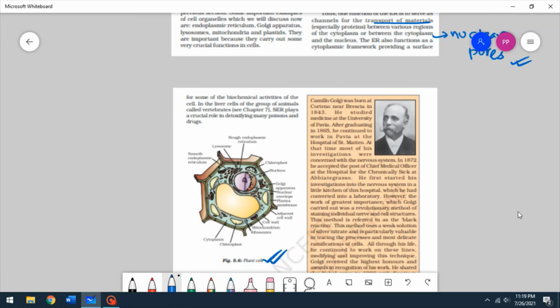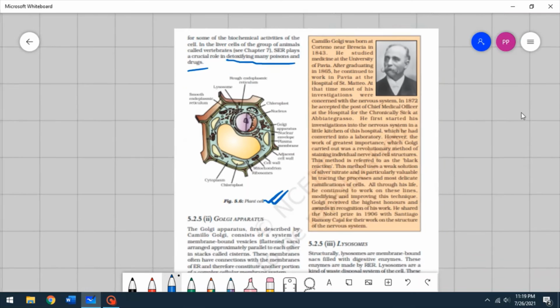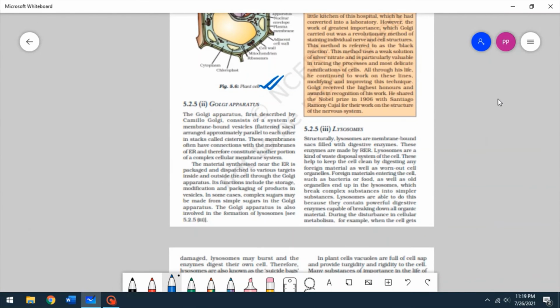The smooth endoplasmic reticulum also plays a crucial role in detoxifying many poisons and drugs from the cell. Then we have the second organelle called the Golgi apparatus, which consists of a system of membrane-bound vesicles or flattened sacs. You could substitute vesicles for flattened sacs and vice versa.